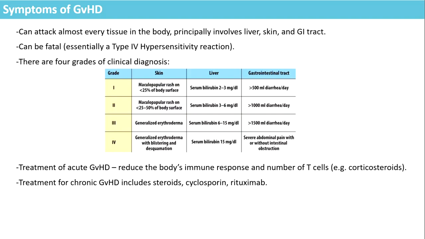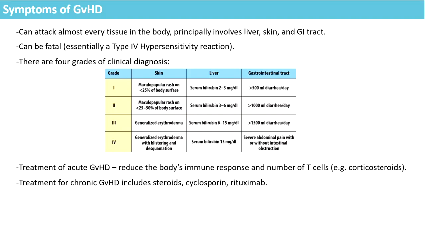As I mentioned, it can potentially attack every tissue within the body, but it principally affects the skin, the liver, and the GI tract for the reasons that I mentioned on the previous slide. It can be fatal, and it is a type 4 hypersensitivity reaction. We have 4 different grades when it comes to the diagnosis, grade 1 through to 4, and I've listed the diagnoses here.